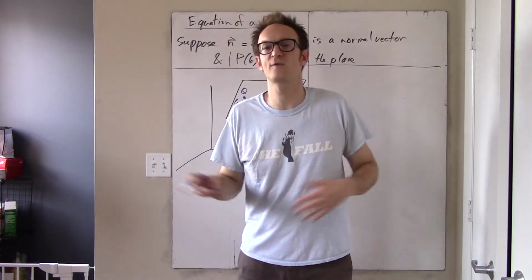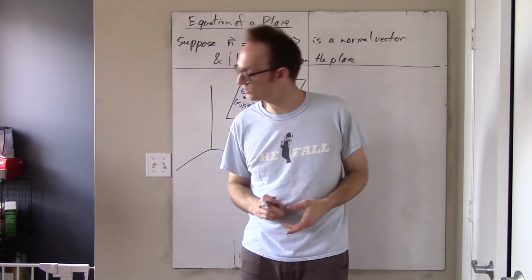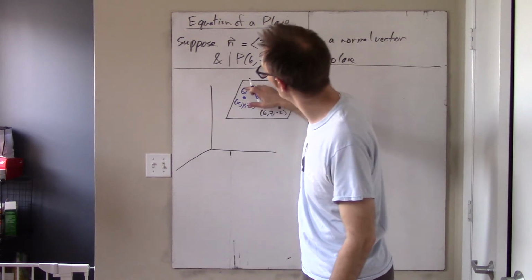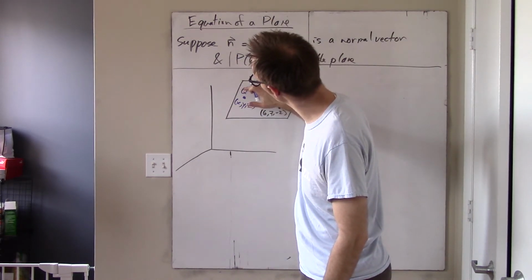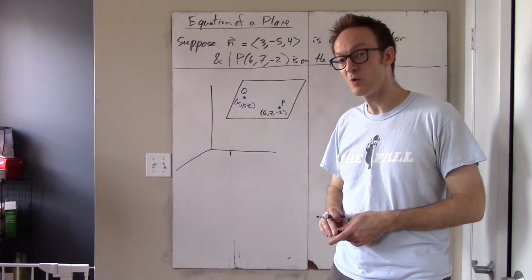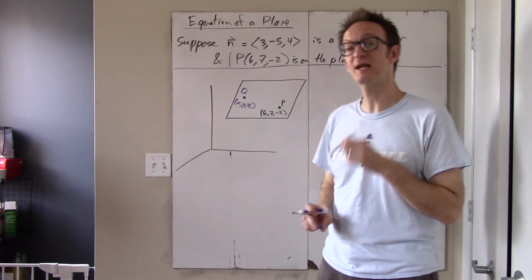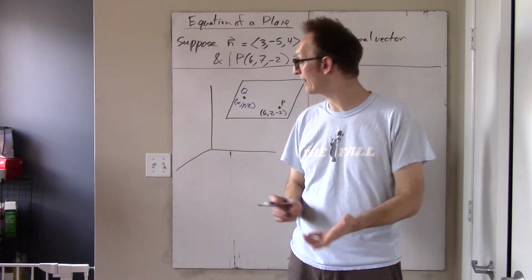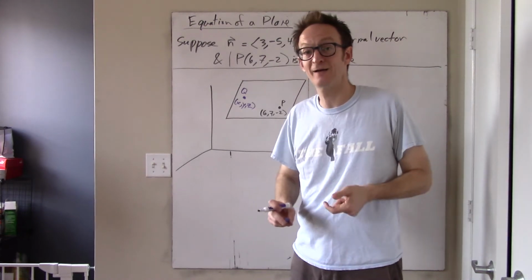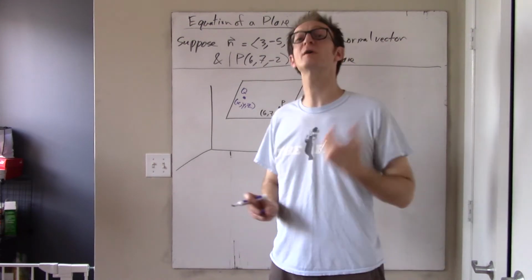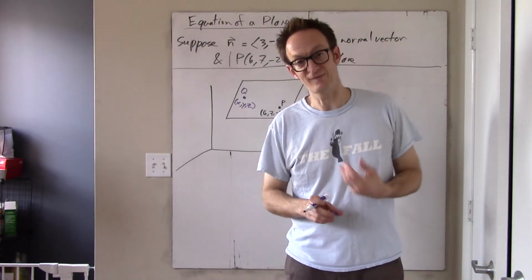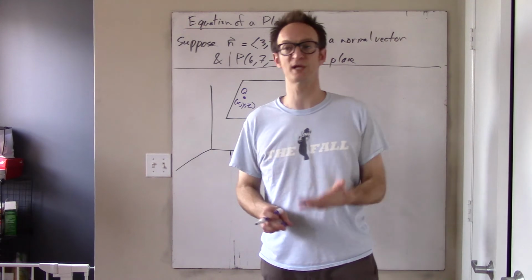Maybe this is obvious, and this is all review for you. But by picking this arbitrary point (x, y, z) on this plane, if I can tell you one thing that's true about this point, then I will have told you something which is true about every point on this plane. And that's just what the equation of a plane is. It's a fact which is true about every single point on the plane.